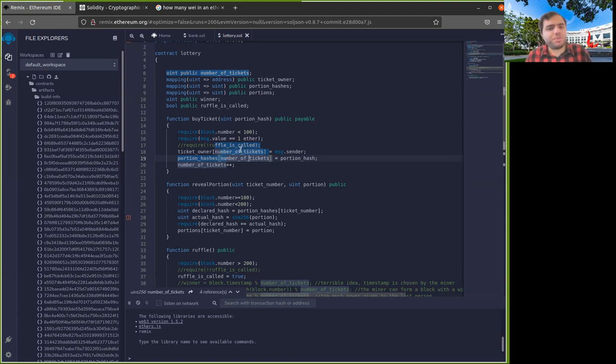This doesn't prove to us that it's random. But actually, it takes only one honest participant. If I have just one honest participant who generates their portion uniformly at random, then the final result would also be a number that is chosen uniformly at random.